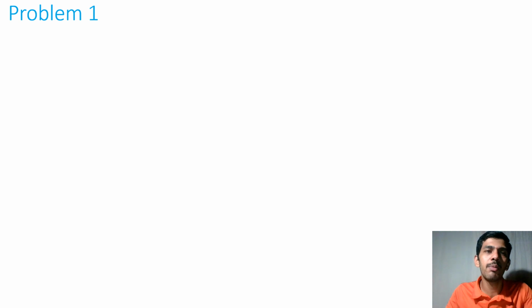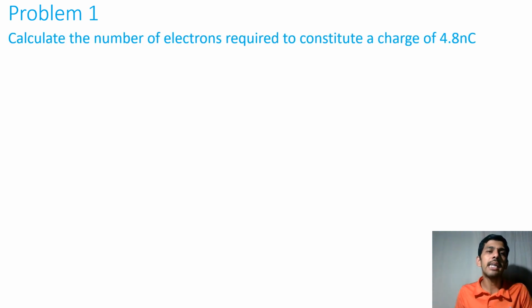The first problem which we are going to discuss is: calculate the number of electrons required to constitute a charge of 4.8 nanocoulomb. This symbol is small letter n capital C, that is nanocoulomb. What is the meaning of nanocoulomb? We shall discuss. In order to calculate this, first we have to write the given values.